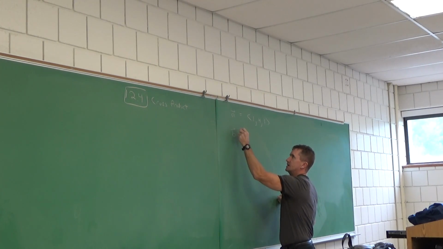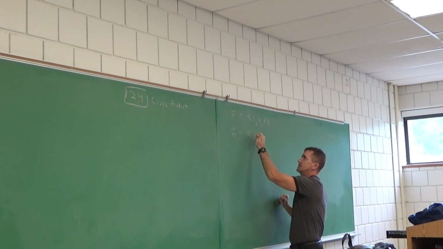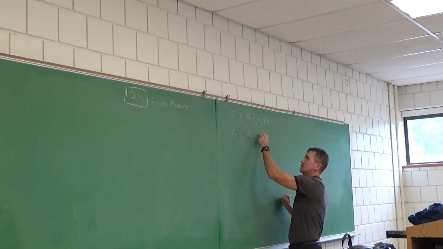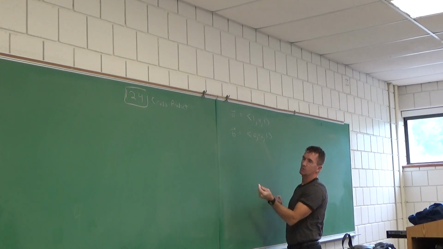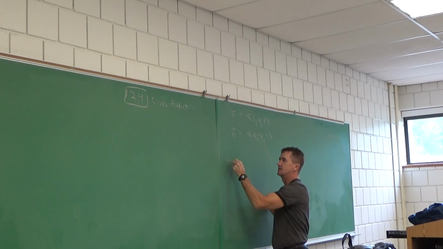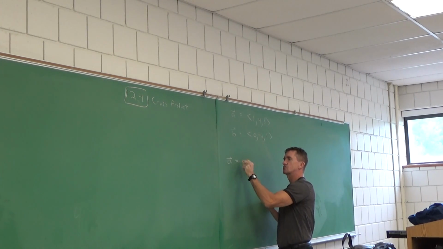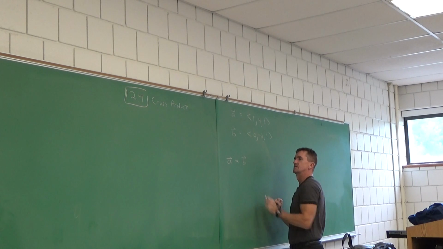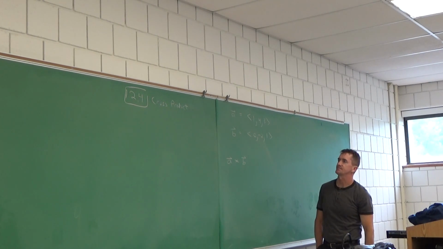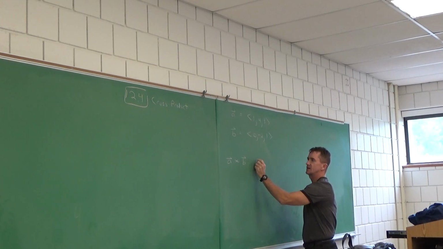Let's say vector B is 0, -2, 1. And what we're going to find is vector A cross vector B.